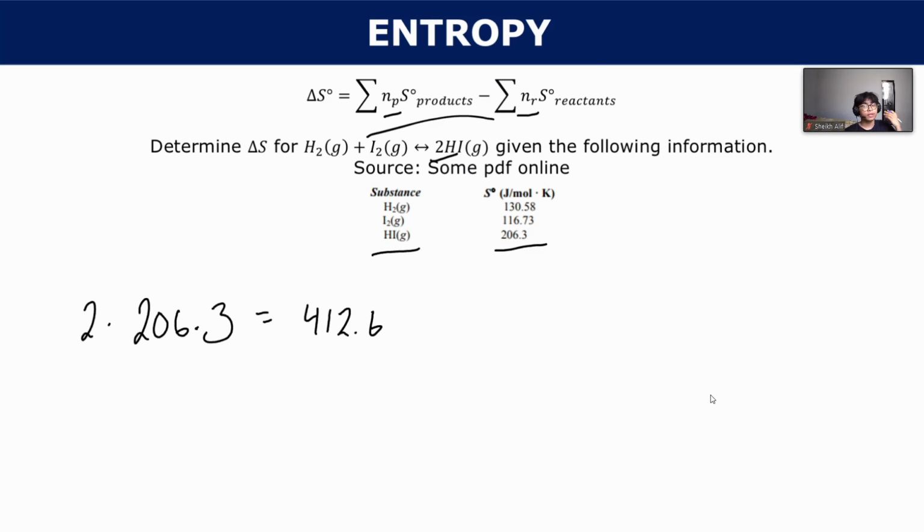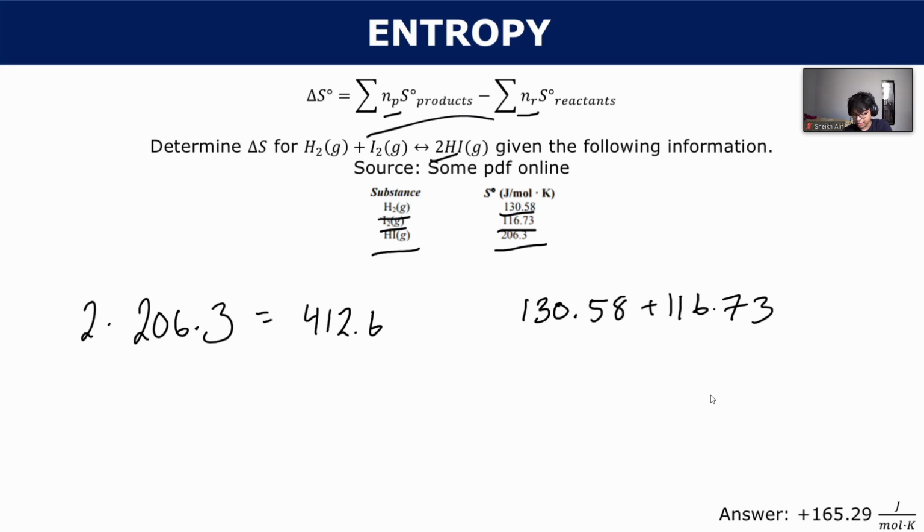Let's calculate the reactants. The sum would be the one for H2 and the one for I2. So 130.58 plus 116.73. Whoops, I flashed the answer. And that would get you 247.31. Now that you have the sum of the products and the sum of the reactants, you subtract the reactants from the products.